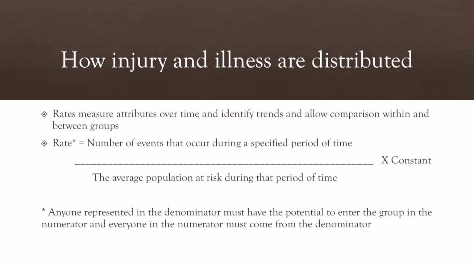And the constant multiplier is specific to the population that it describes. So, for example, if you're calculating an infant mortality rate, the number of infant deaths is so small, but an infant death is such a serious event that at the same time the calculation is always per 1,000 live births.